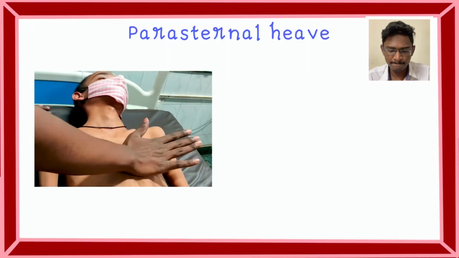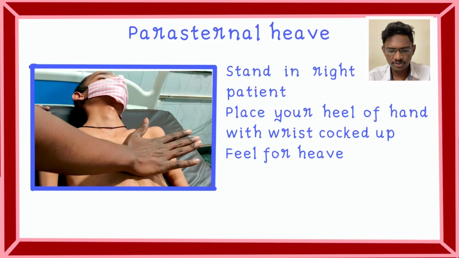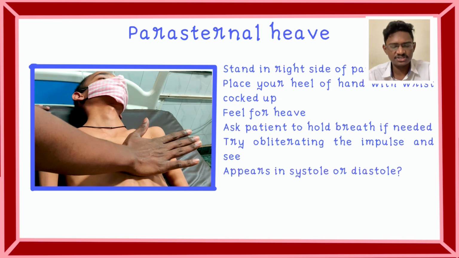Next, the parasternal heave. How to appreciate this? Stand on the right side of the patient and place the heel of your hand with your wrist cocked up, and feel for the heave. Try obliterating the impulse and see. You should also observe whether the heave appears in systole or in diastole.